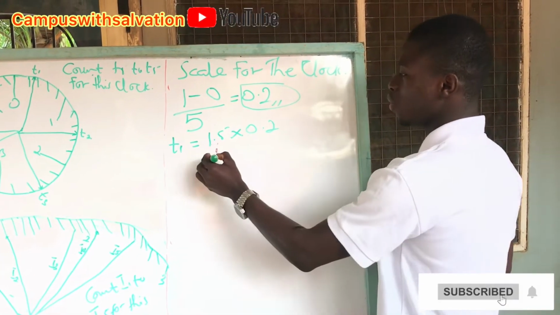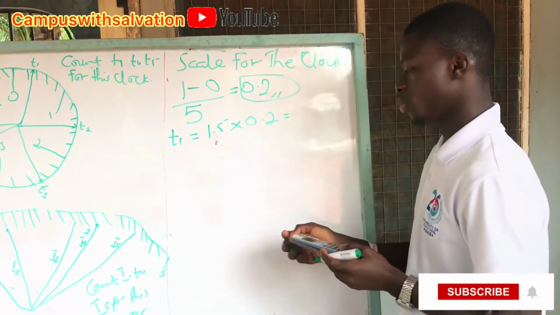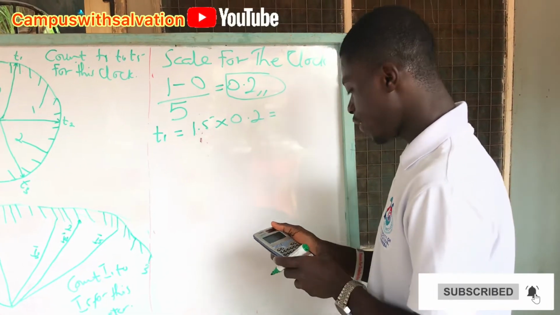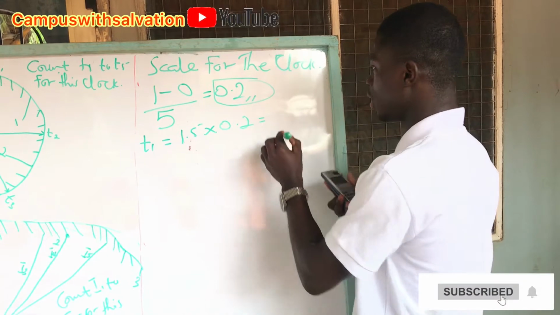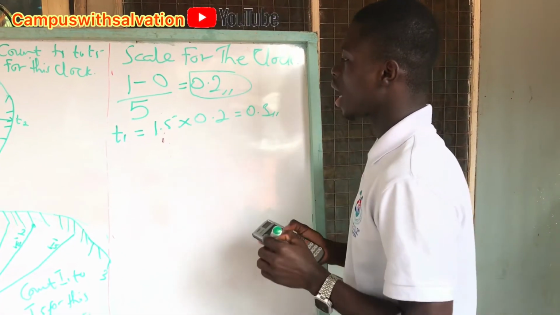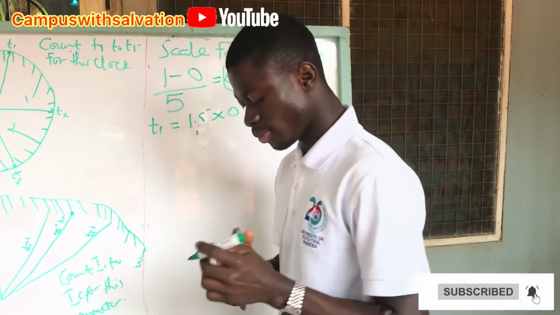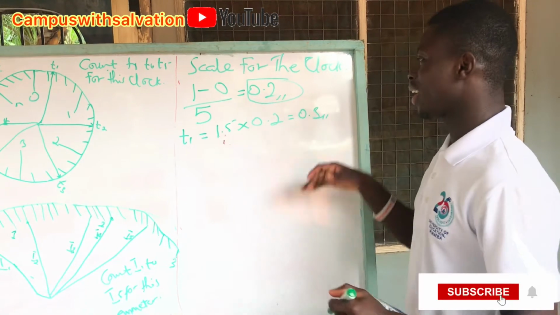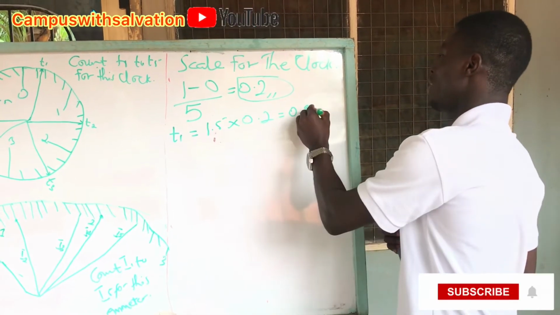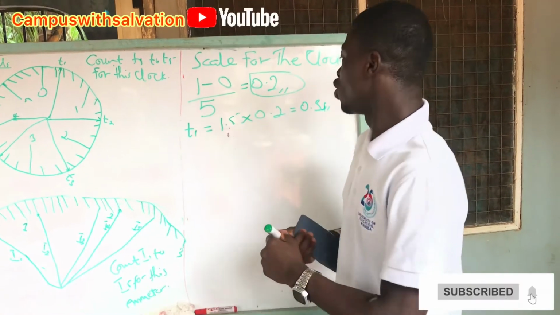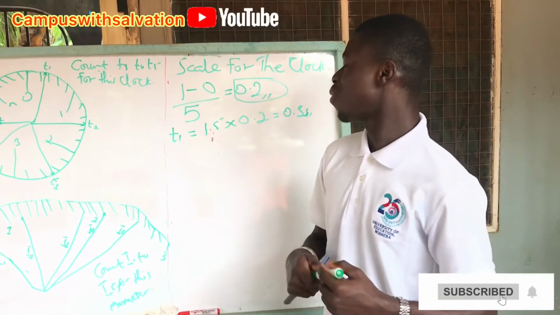So 1.5 times 0.2 will give us 0.3 as our T1. Let me bring the seconds because we are calculating for time, and time is measured in seconds. So our T1 is 0.3 seconds.